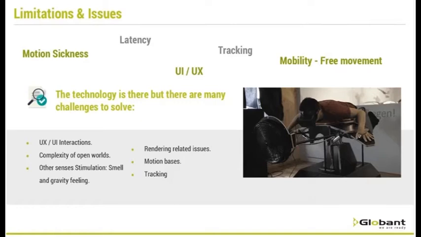And so again, complexity of open worlds and having interaction with other senses. As you see in the picture, it's really nice. It's basically a GIF where the guy can fly. And if you see, there is a fan, there is a motion base, there is the Oculus. So it's a lot of devices just to have that immersion in the world, that if you are trying to fly like a bird, for instance, but if you are sitting in a chair, it doesn't feel that right, and your body tells your brain that you're not moving, and your eyes tell your brain that you are moving.